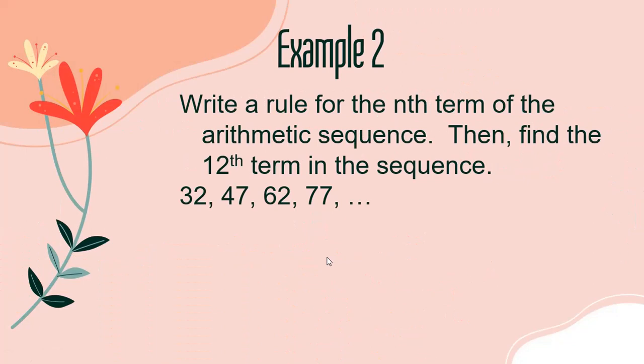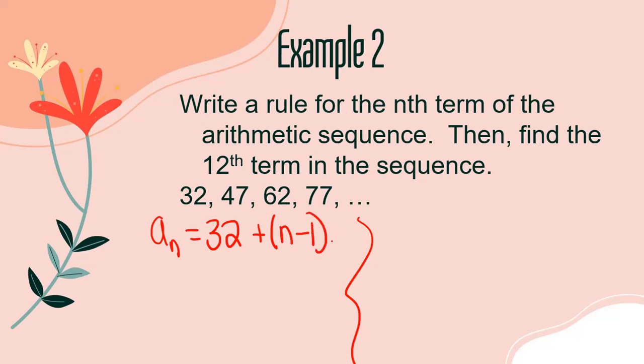So, example 2. Let's write a rule for the nth term of the arithmetic sequence. Then we're going to find the 12th term. So they give me 32, 47, 62, 77. I'm going to do both versions. First of all, I'm going to plug into my formula. Well, a sub n is just going to stay there. A sub 1, which is the first term, 32, plus n minus 1 times my d, my constant difference. Well, I don't know what I'll be adding each time. 15, is this plus 15?